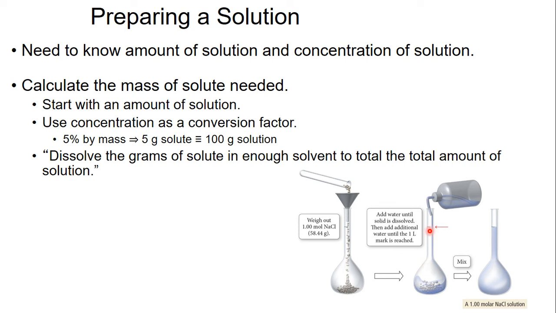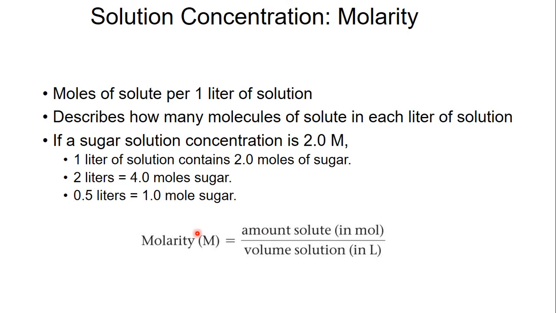This line says you're at 1 liter. You want to add water a little underneath the line, because when you mix, the solution might expand a little bit. Once you mix, you can add water to the 1 liter line, and that's how you make a solution.